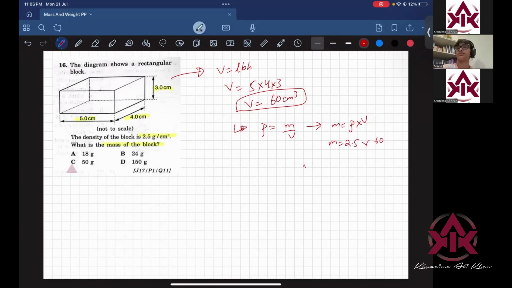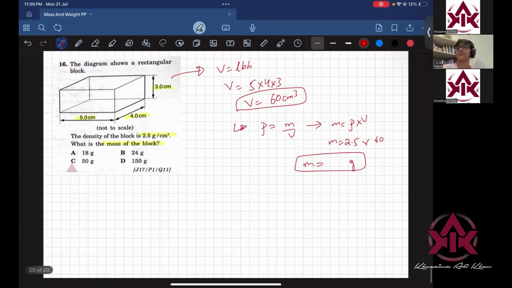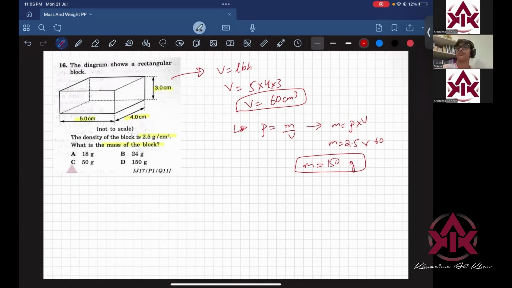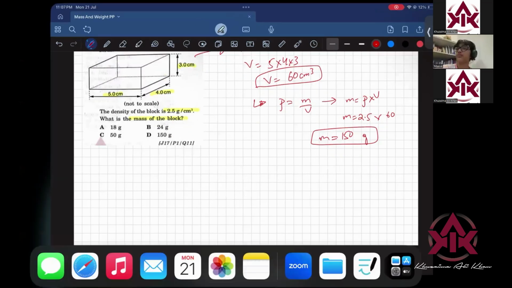The mass of the cube is coming out in grams. That's 2.5 times 60, that is 150 grams. Make sense? Okay, good. Let's go on towards the next question.